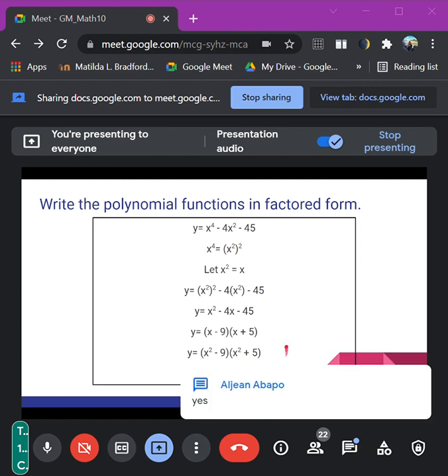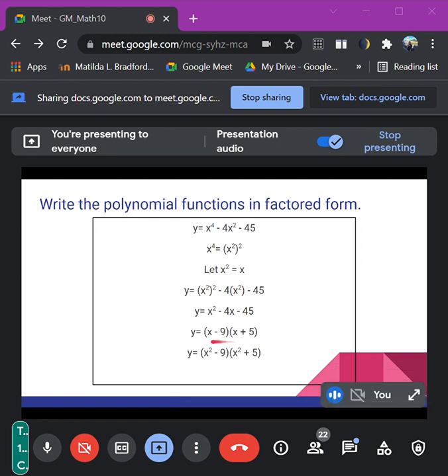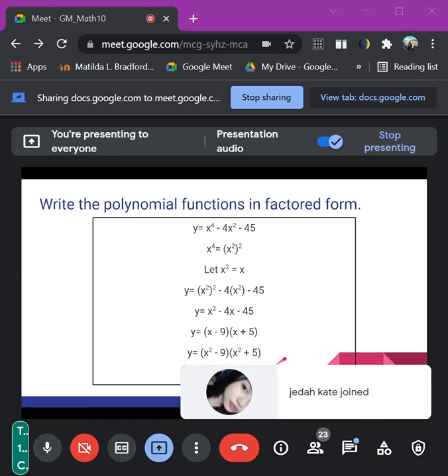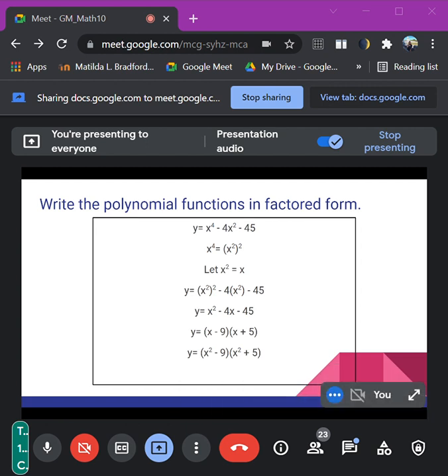Okay. And now, is this our final answer? Factored form na ba siya or mafactor pa? Ma-factor pa ba ang x squared minus 9 or ang x squared plus 5?